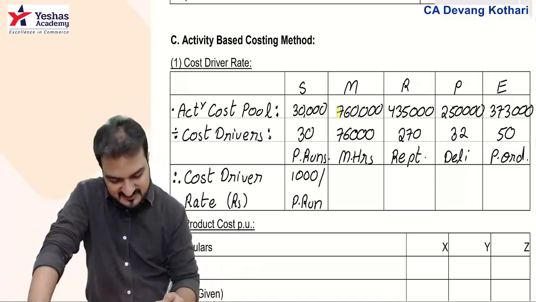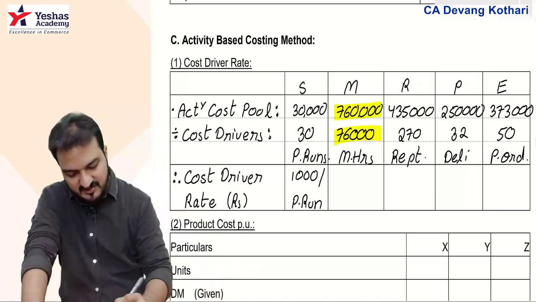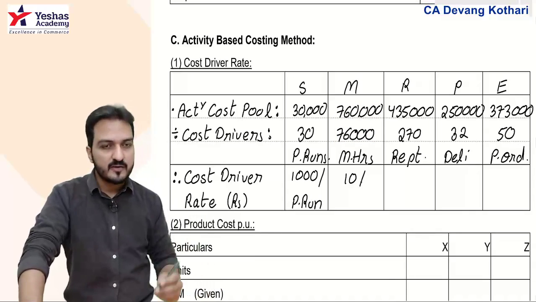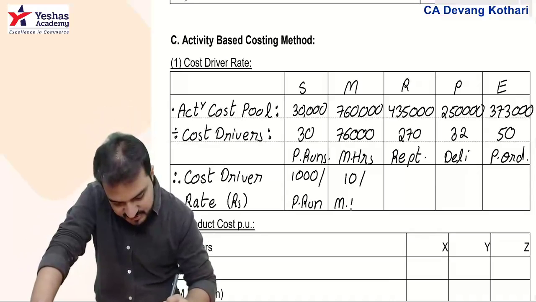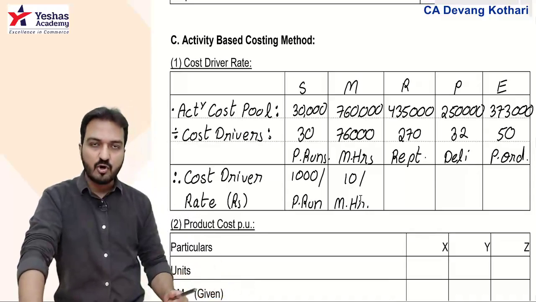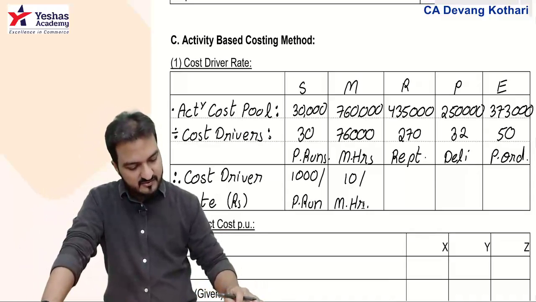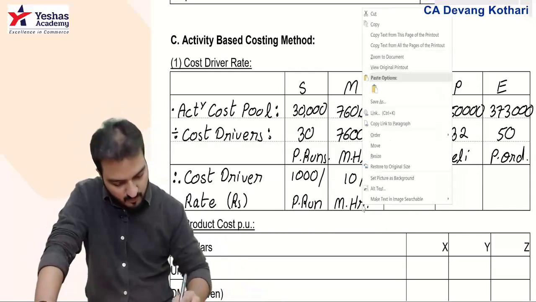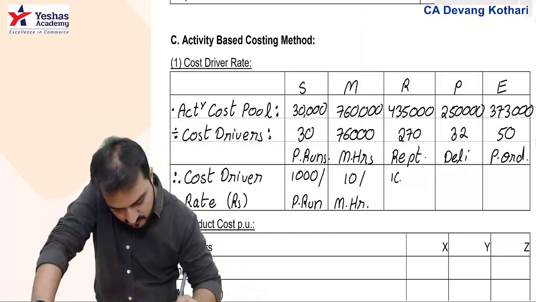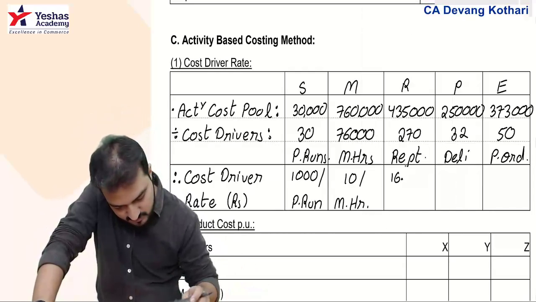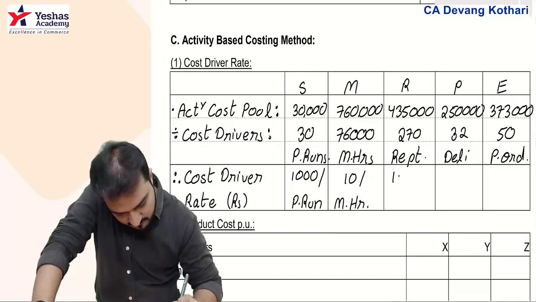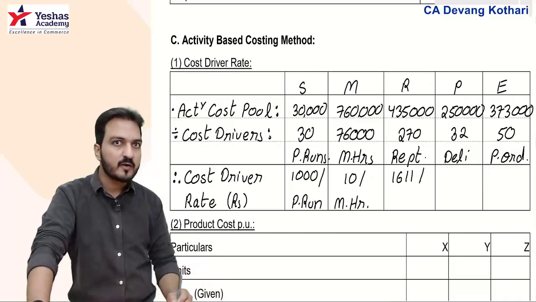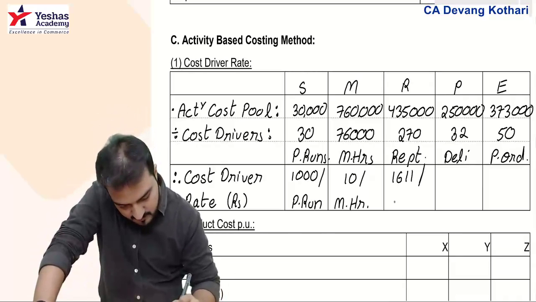Machining cost 7,60,000 divided by 76,000, that is 10 rupees. But that 10 rupees is per what? It is 10 rupees per machine hour. Receiving cost 4,35,000 divided by 270 makes it 1611 point something, that 1611 will be per receipt.